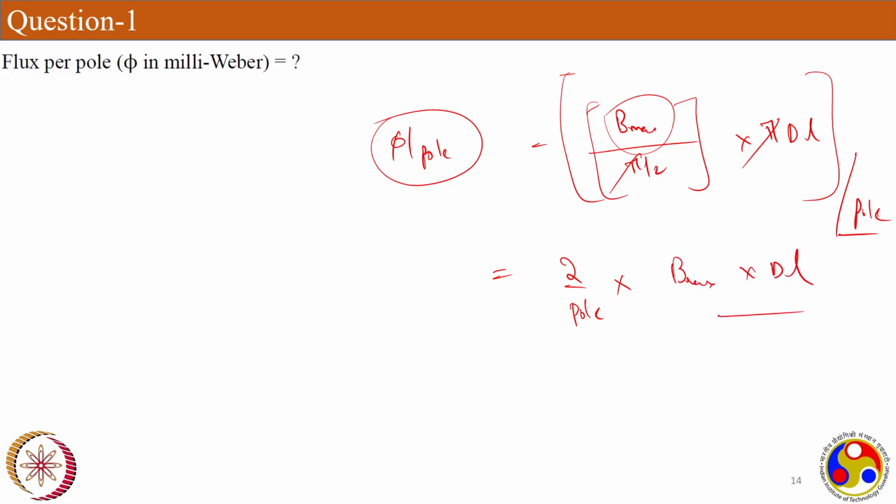This is the formula to calculate it. Here 2 by poles and B peak are already given, and length is given. For D, you can split the diameter into 2 times the radius. Radius was given in the question. You just substitute, you would get the answer. So this formula is important.